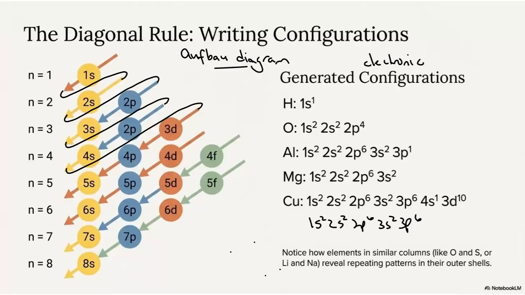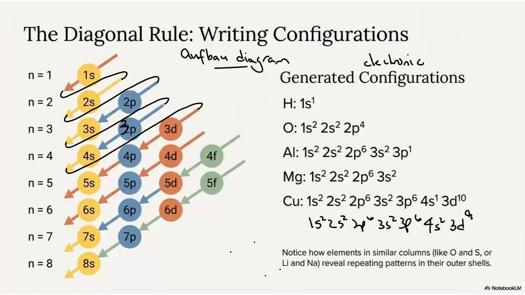After 3p comes 4s. I can put up to 2 there, right? So that's 18 and 2, that's 20. So in here should be a 3d9.